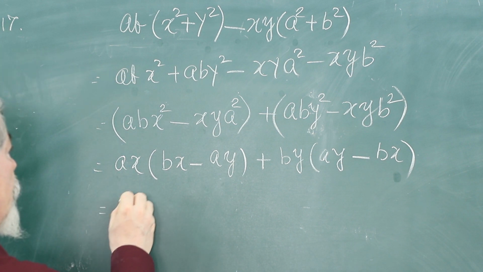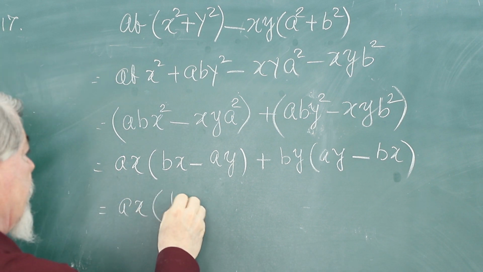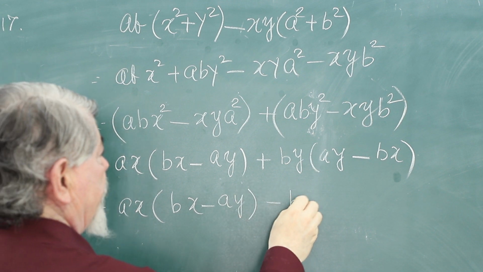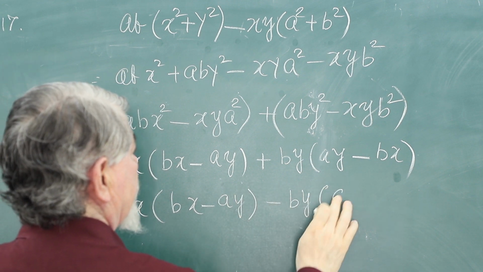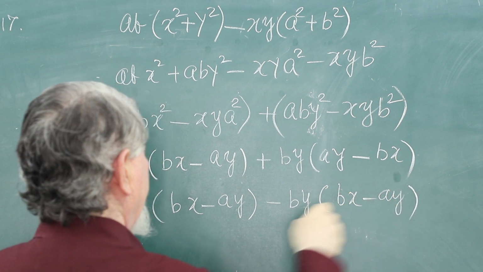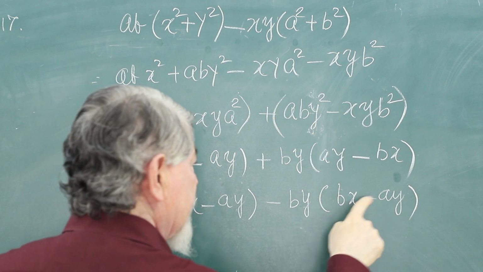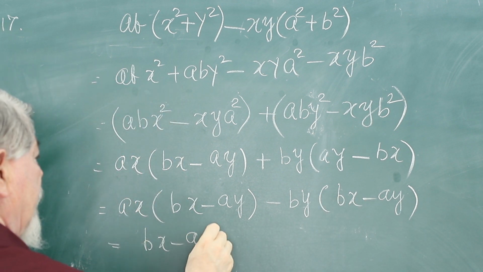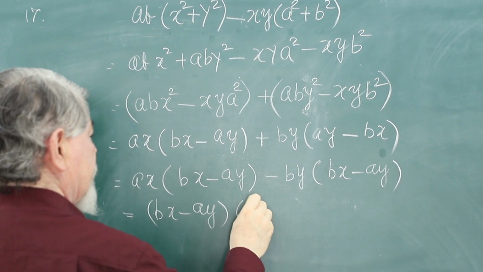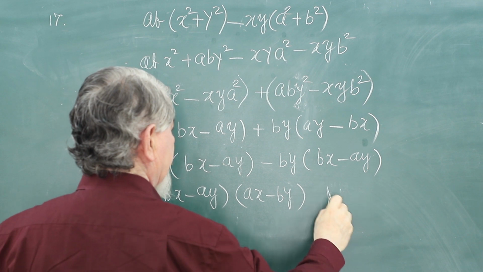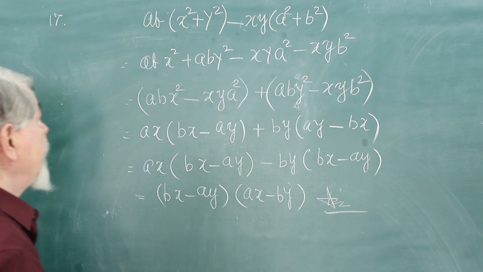So what am I going to do? I'm going to change the sign by taking negative out, minus by, and it will become bx minus ay. Now we have bx minus ay, bx minus ay. So I'll take bx minus ay and ax minus by. We get the factors which cannot be further factorized.